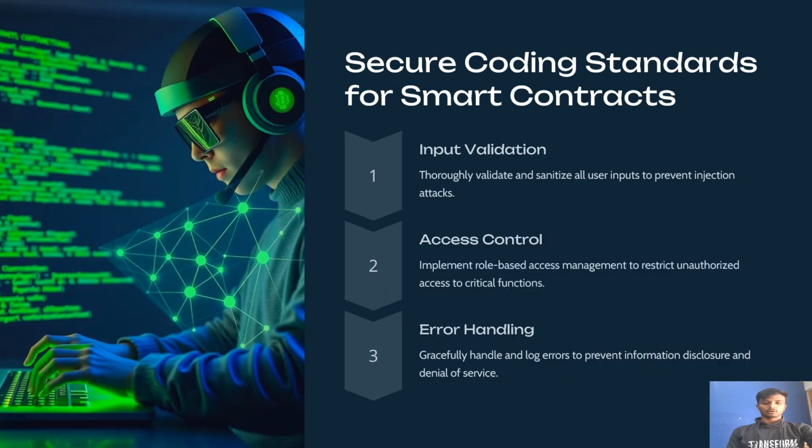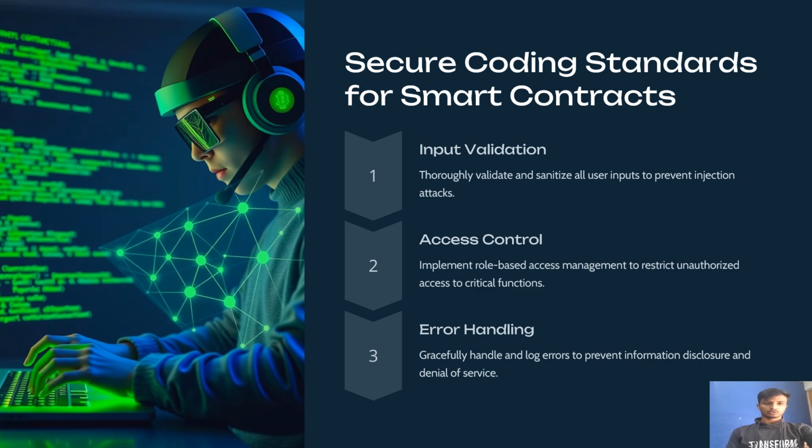After mitigating the problems in cryptography, now it's time for secure coding standards for smart contracts. First, input validation: validate and sanitize all user inputs to prevent injection attacks. Next are access controls: implementing role-based access management to resist unauthorized access to critical functions.